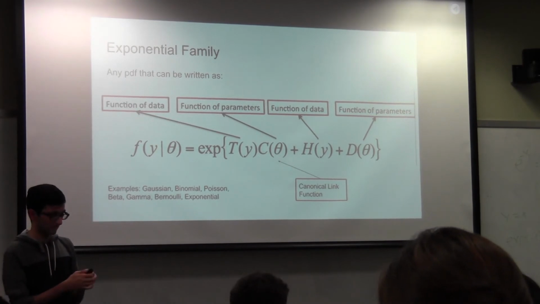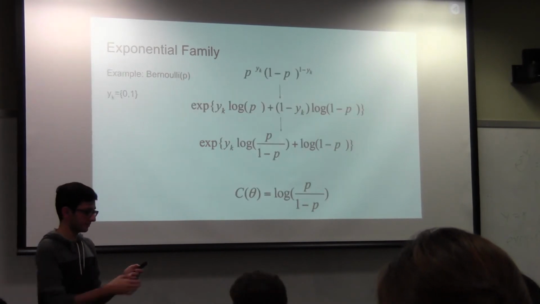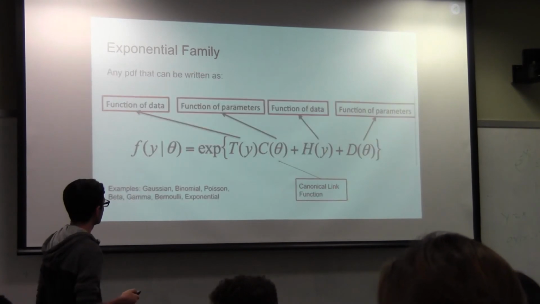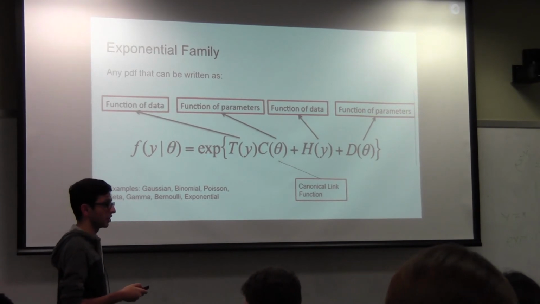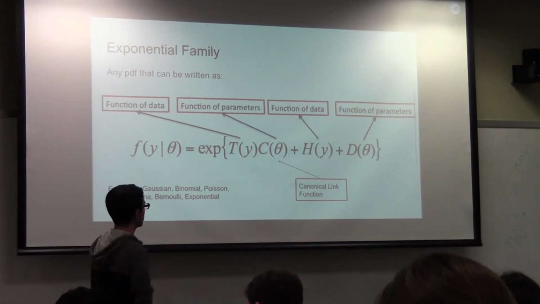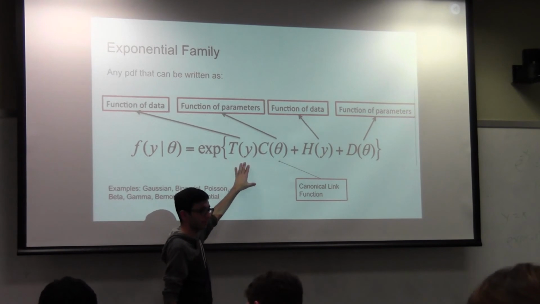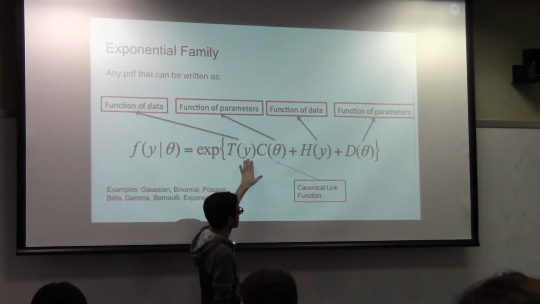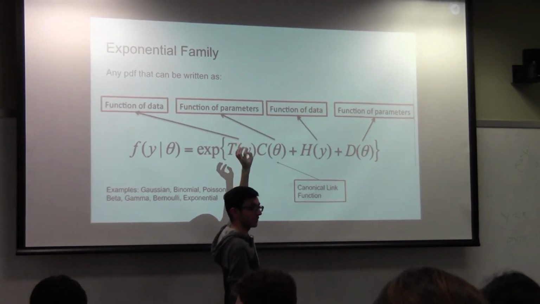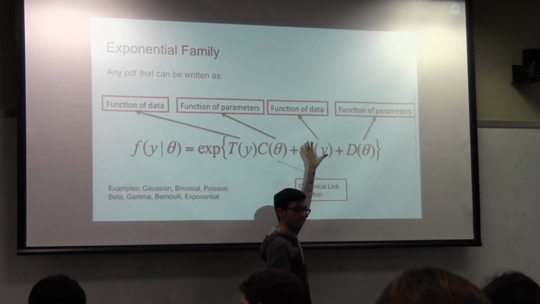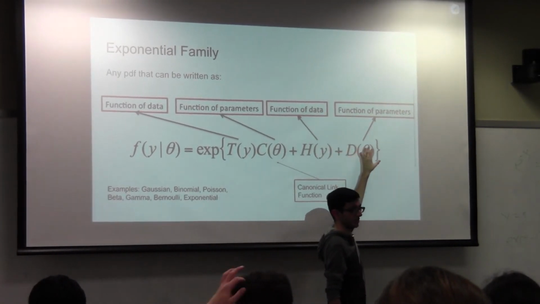Still just kind of confused about the canonical. Okay. Can you talk about how we figure it out from the PDF? From the PDF, exactly. What you do is from the PDF, you want to try to put it into this form, right? And this is a pretty specific form. It can only be a function of the data times a function of the parameters, plus a function of the data, plus a function of the parameters.